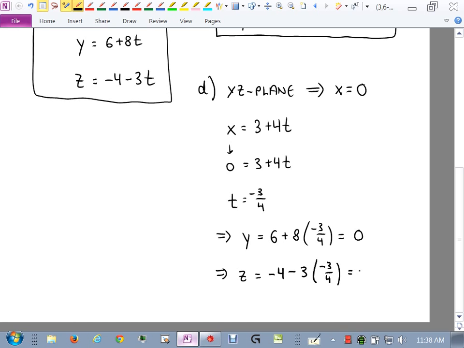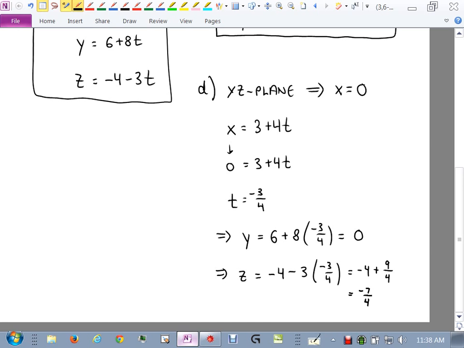So negative 4 plus 9/4, which is what? Negative 7/4. Just be careful with your negatives.